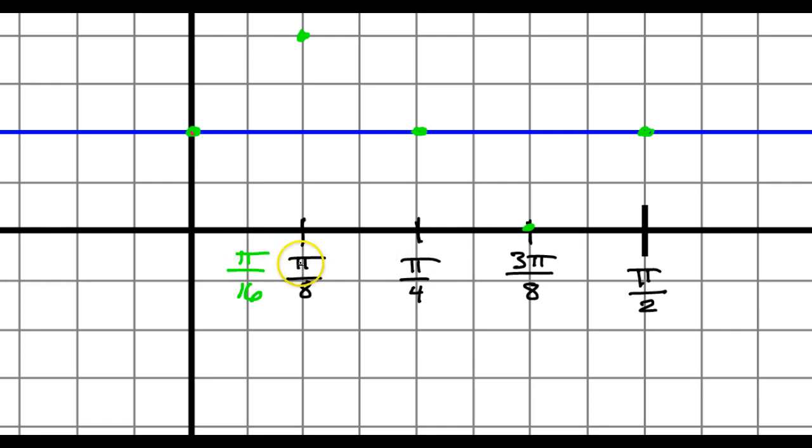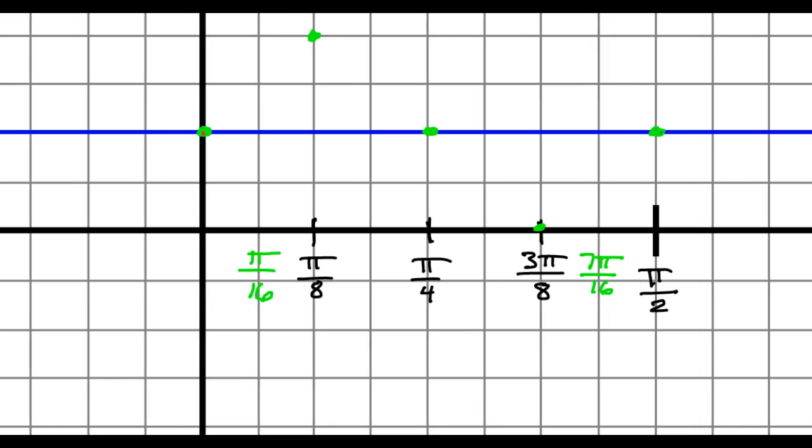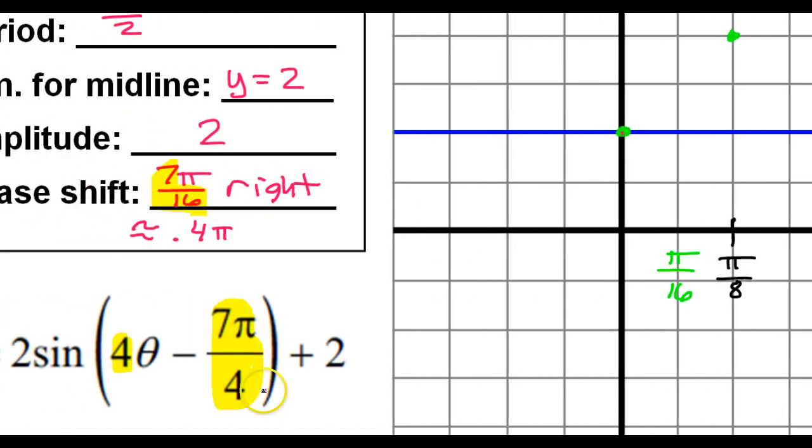This is 2 pi over 16, 3 pi over 16, 4 pi over 16, 5 pi over 16, 6 pi over 16, and 7 pi over 16. So this right here is 7 pi over 16. That's very useful because that's our phase shift, 7 pi over 16.